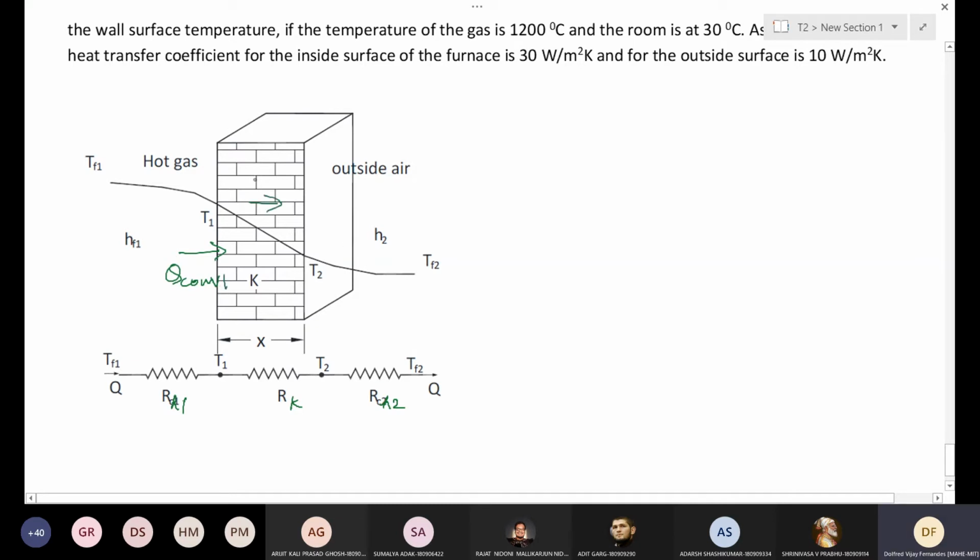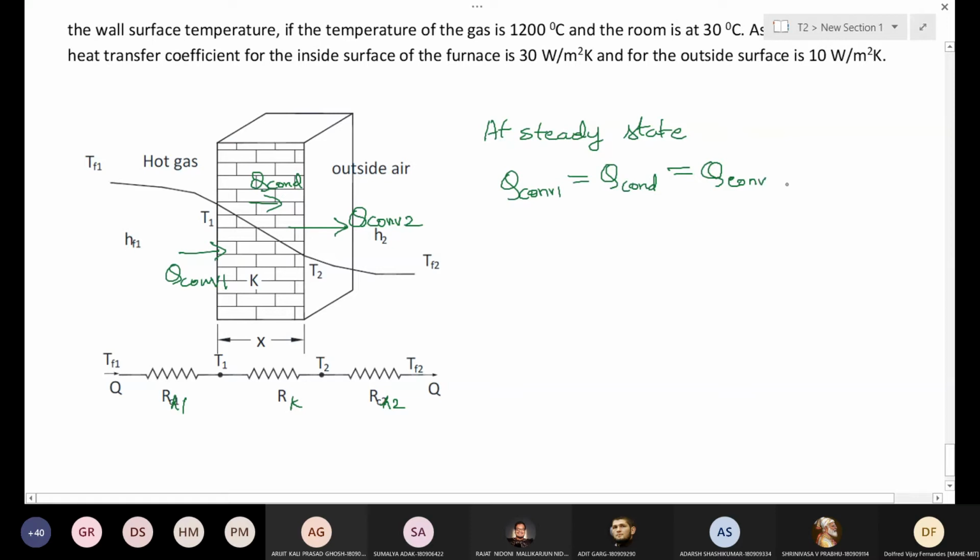Then through the wall Q conduction, and from the wall to the outside again Q convection 2. So at steady state, Q convection 1 equals Q conduction through the wall equals Q convection 2.